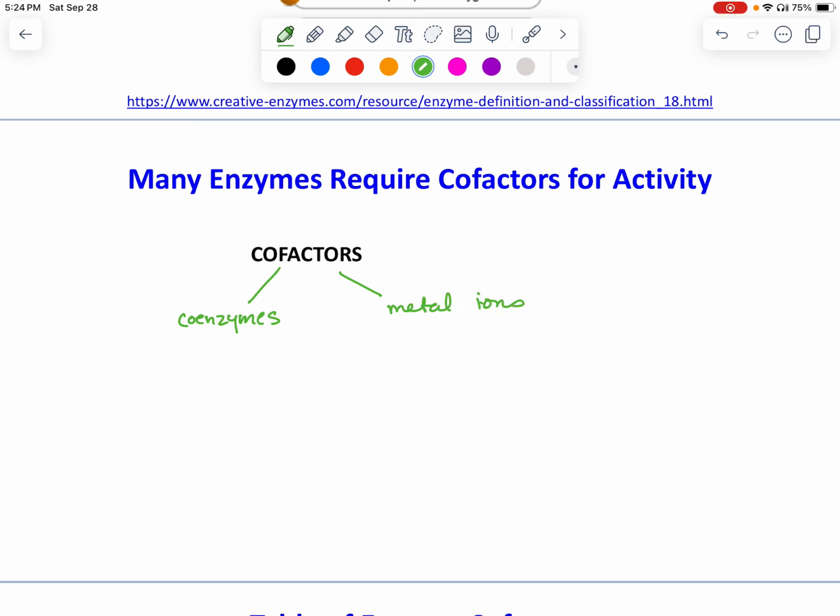Coenzymes are generally small organic molecules. And we can further break that down into two different categories, prosthetic groups or co-substrates.